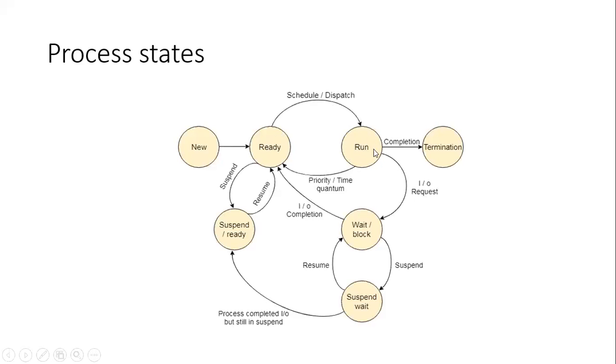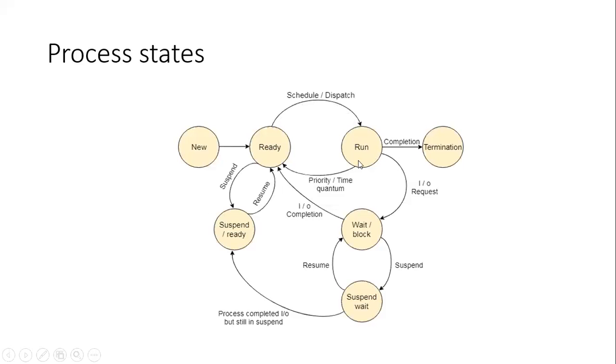In the running state we have the CPU, and through the CPU we can execute that process, because the CPU is one type of resource, and through resources a process can be executed. So out of 10, any one process is scheduled and given to the running state.